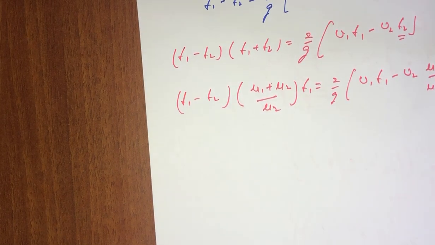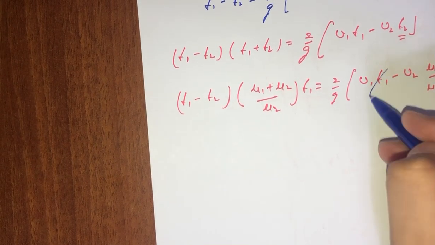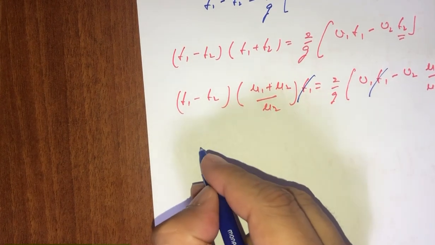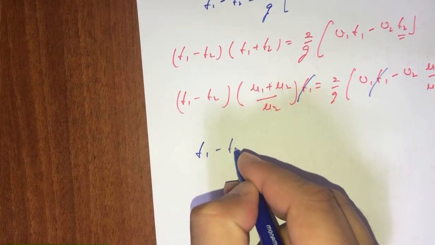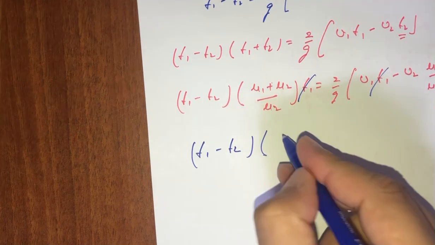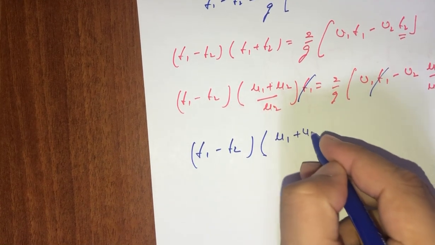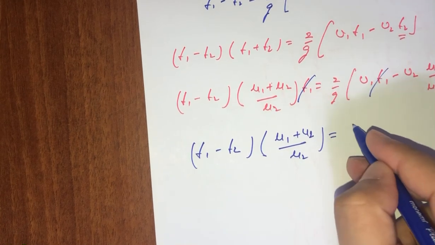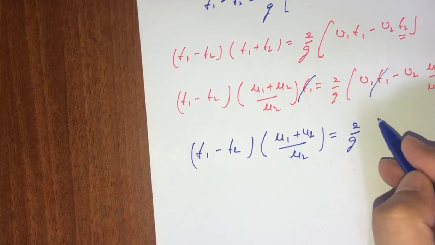So if we take t1 common from the entire equation, this cancels out. So we will be left with t1 minus t2 times u1 plus u2 divided by u2 is equal to 2 upon g.